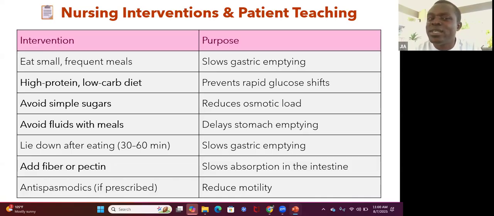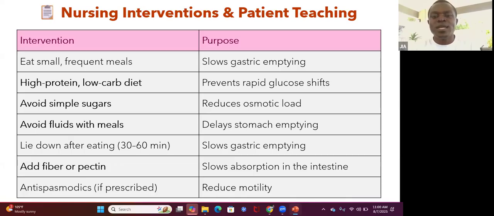Please, it's a cause for concern. You can't eat 3 full meals. You have to eat more than 3 times. So you see, maybe eat small but frequent. There are questions like that. So open your eyes. Don't think eating 3 times is okay. The key word is small but frequent.